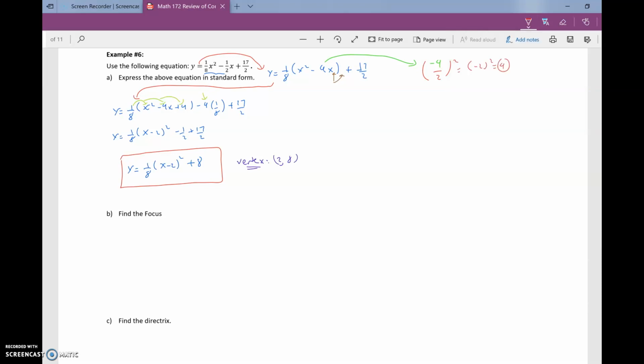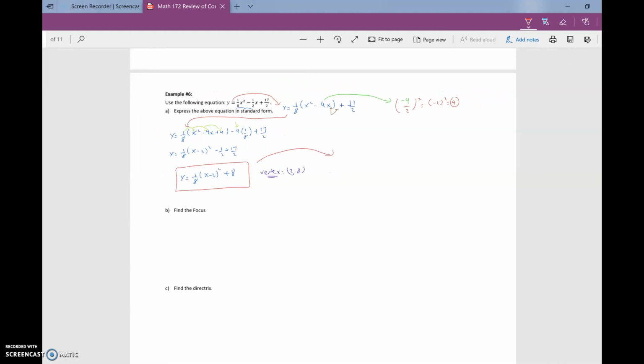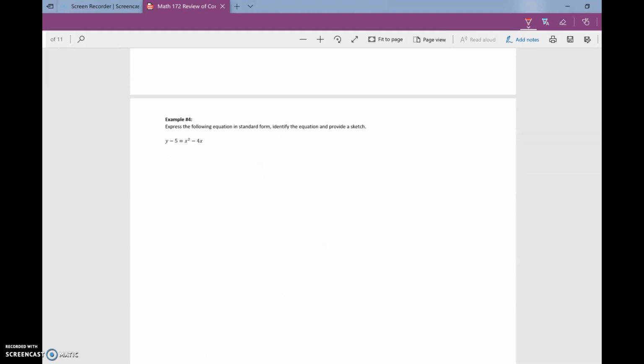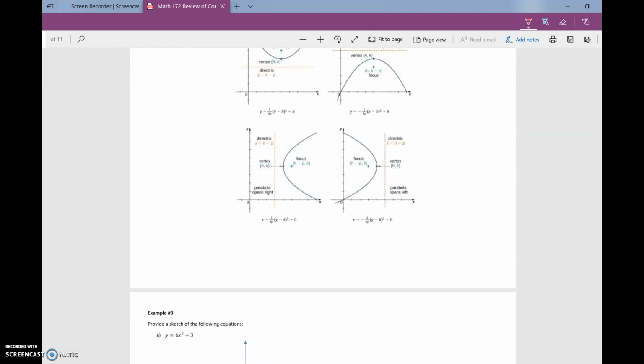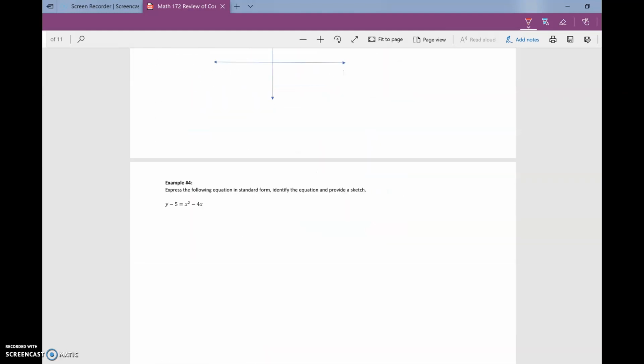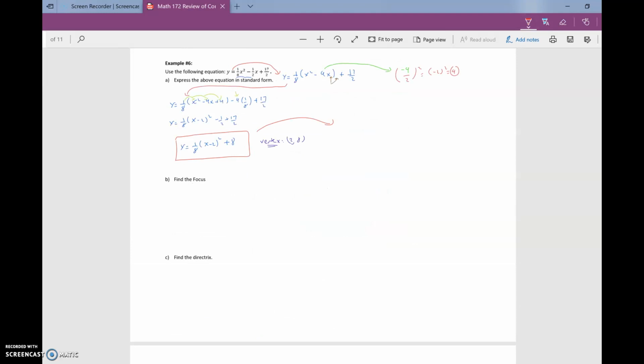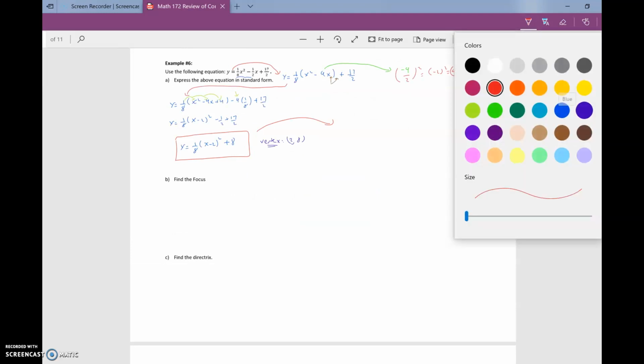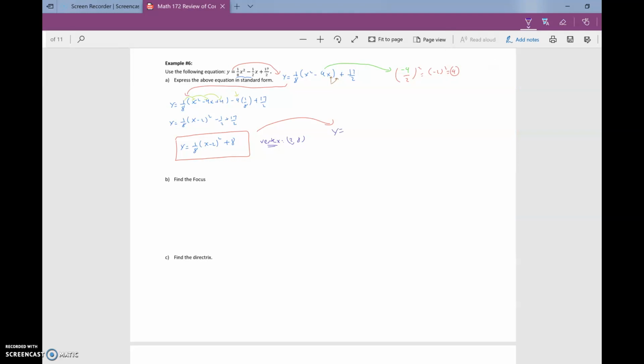Then I'm going to express the equation so that it matches the formulas from above. So we're looking at this equation. We have to get that p value. So we're looking at y is equal to 1/4 times 2 times x minus 2 squared plus 8.